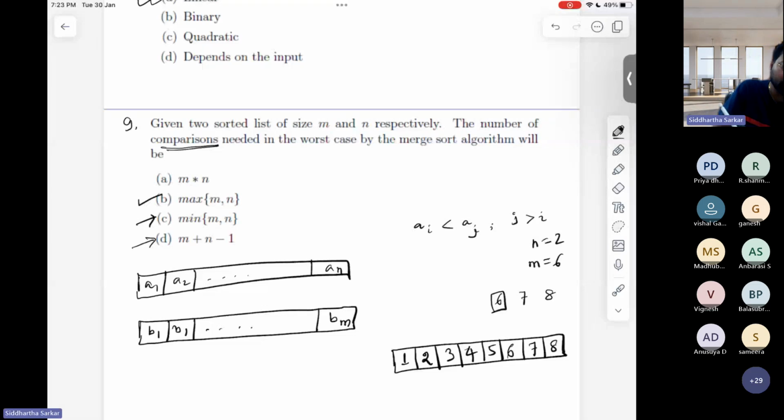So have we done only 2 comparisons? So 2 is min of m comma n in this case.